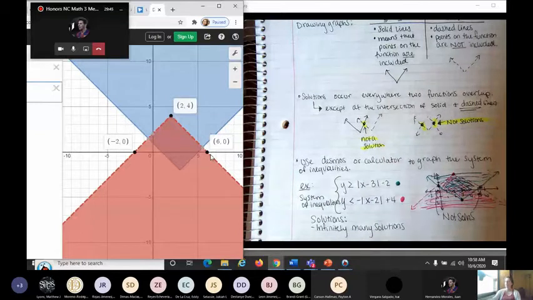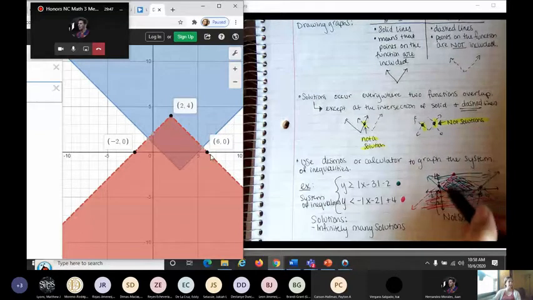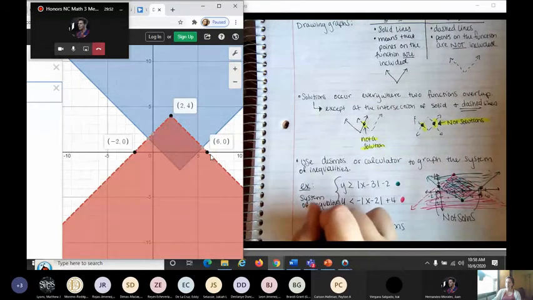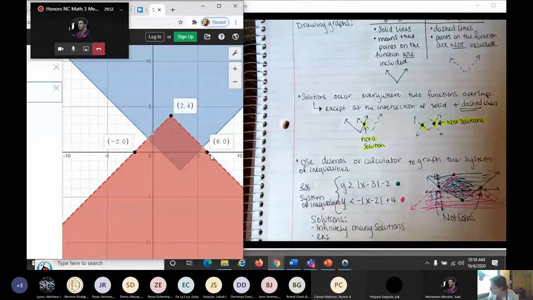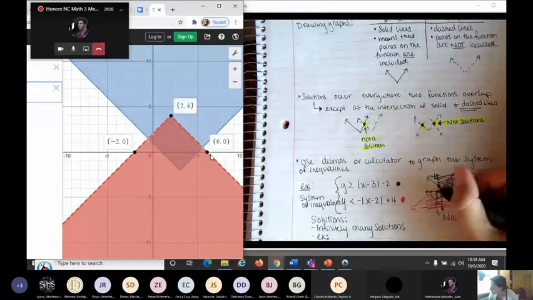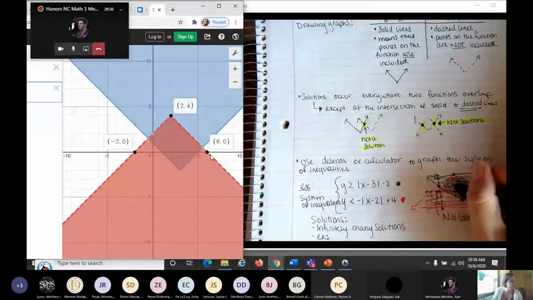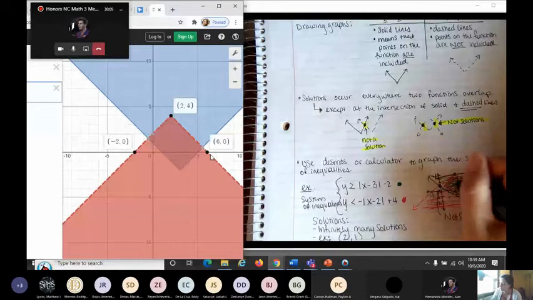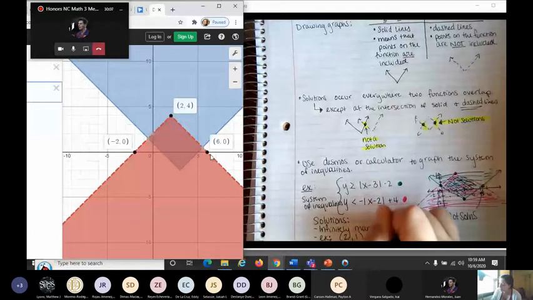So there are infinitely many places we could put points inside of here, right? An example of a solution would be the point, let's see, (1, 2.1) is definitely inside of there. (2, 1) is a solution, even (2, 2) should be a solution.